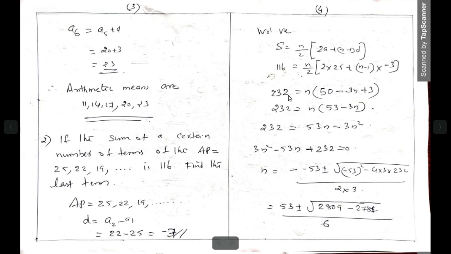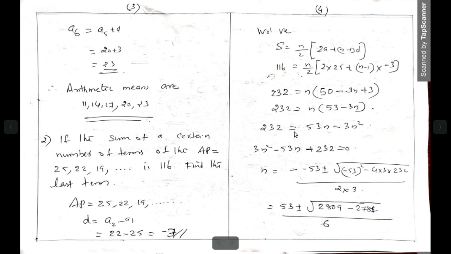So on expansion, this 2 goes to the right side. So 116 into 2 becomes 232 is equal to n into 2 into 25 minus 50. After expansion, we will get this, and on simplification, we will get this term.